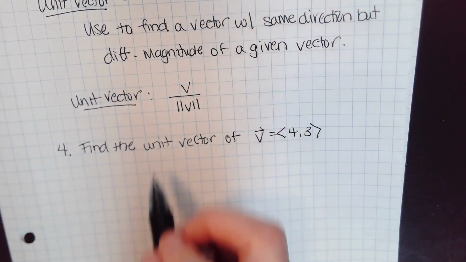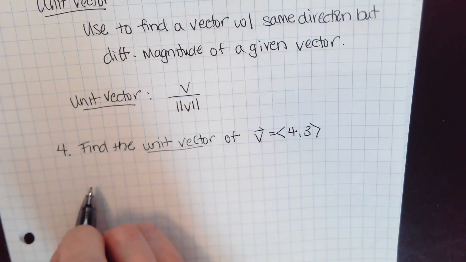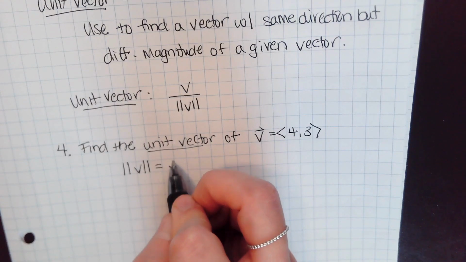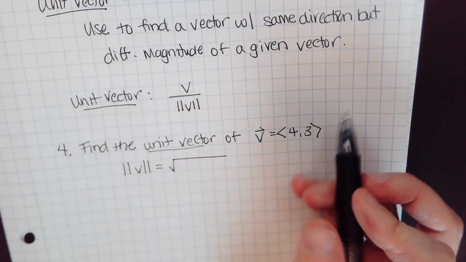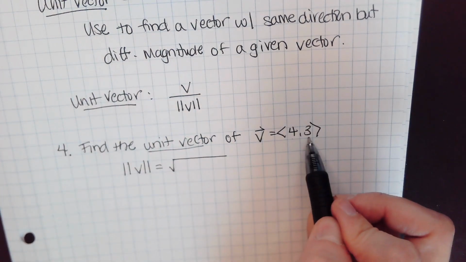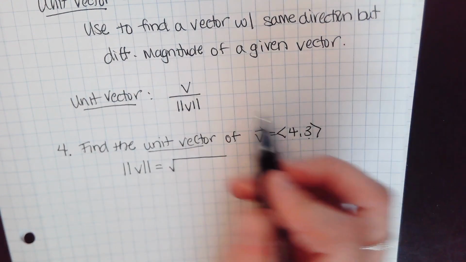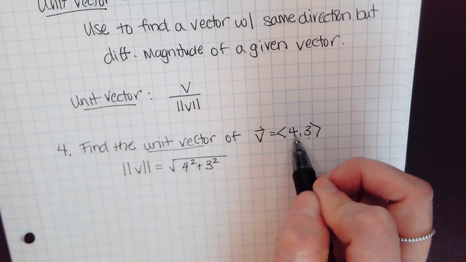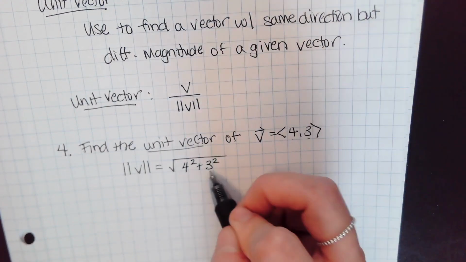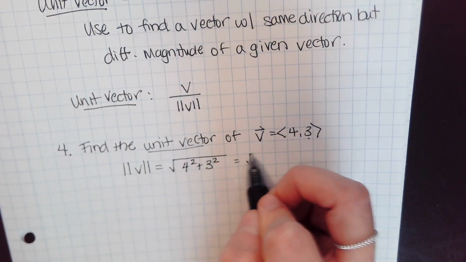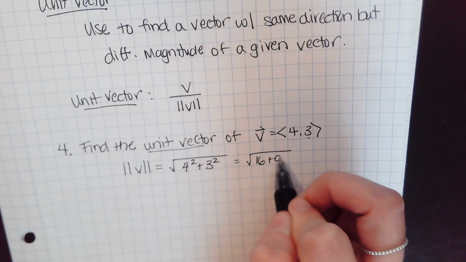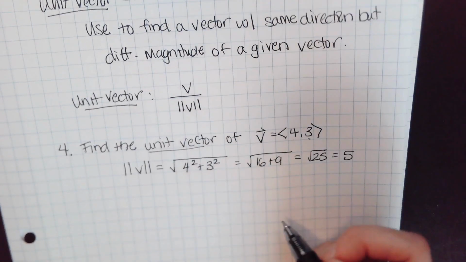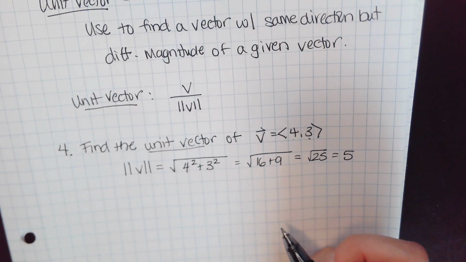So to find the unit vector, we're going to first find the magnitude of v. Remember your magnitude formula, just your distance formula, but this is your terminal point and your initial point is (0, 0). So you're really just taking 4 squared plus 3 squared, because 4 minus 0 is 4, 3 minus 0 is 3. Then we have 16 plus 9, which is 25. And there you go, a magnitude of 5.